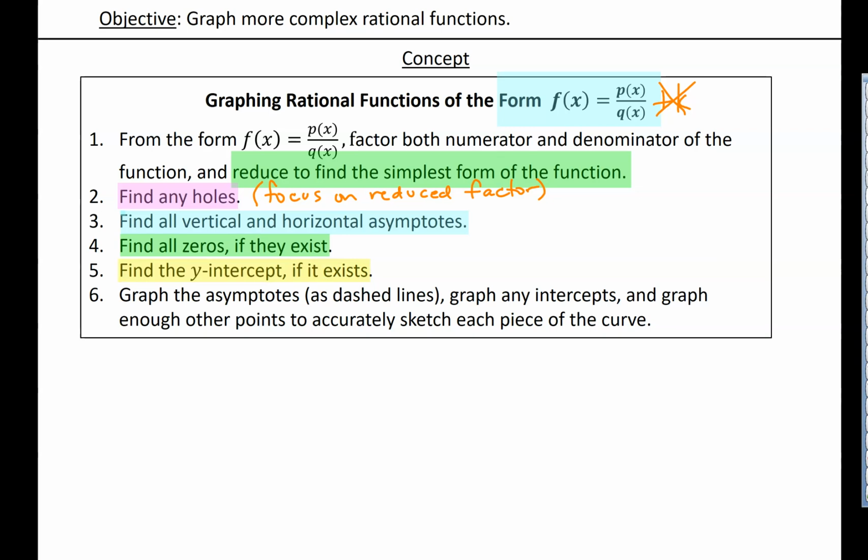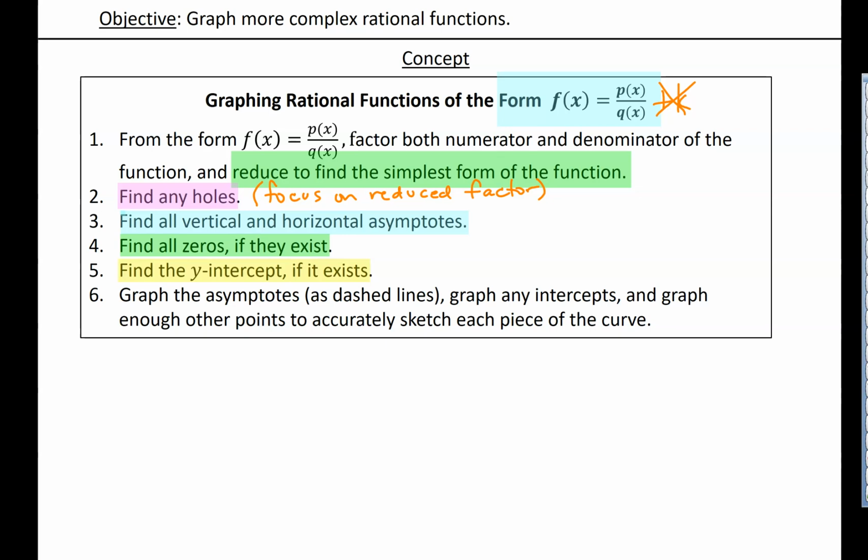Remember, when we graphed using transformations, we used (1, 1) and (-1, -1), transformed those key points, and had a point for each piece of the graph. With the more complex ones, there's a larger variety of what can happen, and we use as many points as we can, such as zeros, intercepts and holes, to get an accurate picture of the graph of the function.